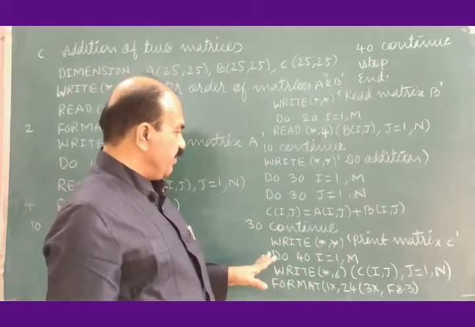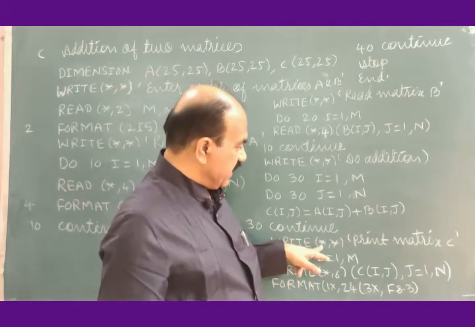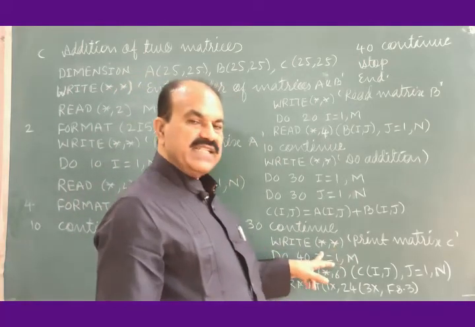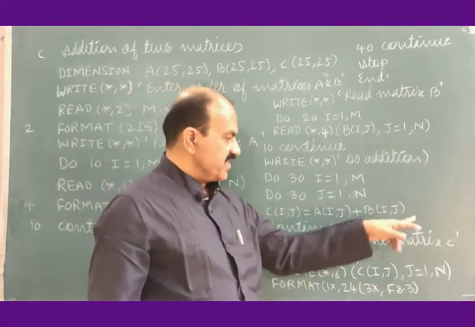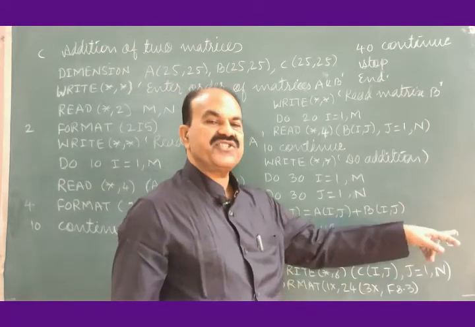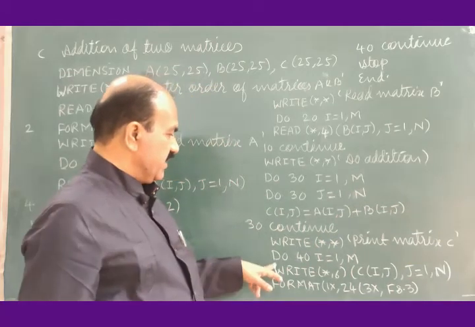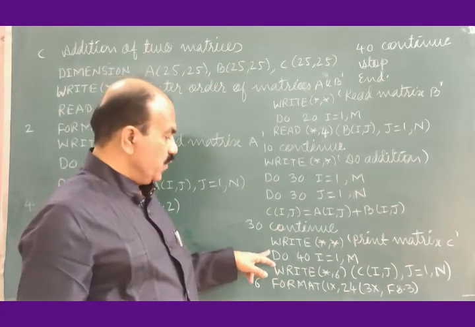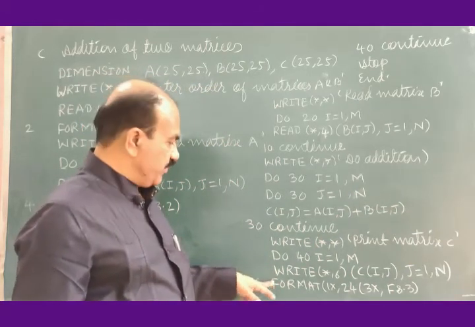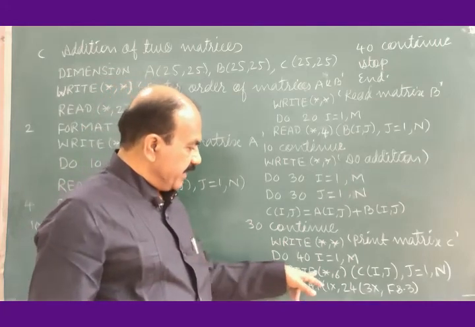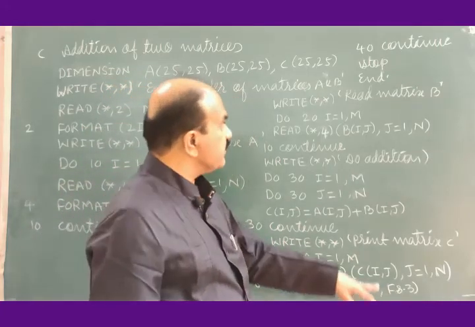After that, you have to print. So, I have written a comment here. Write asterisk comma asterisk within single quotes, print matrix C. What is matrix C? Matrix C is the addition matrix. Here I have used a do loop and nested do loop, and the printing is done with this format.